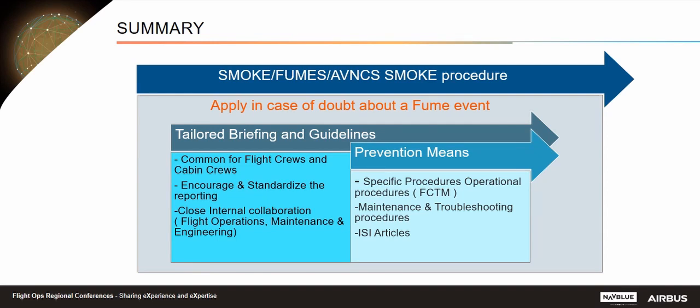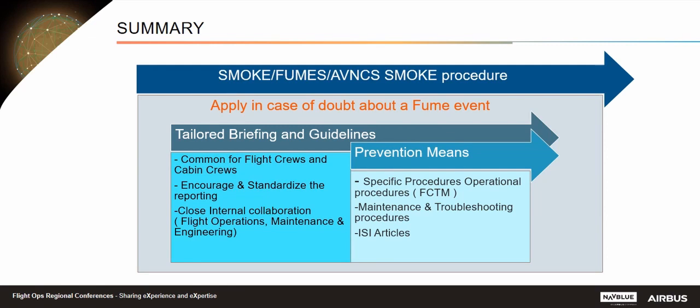Then it is important to get a tailored, customized briefing and guideline within the airline, with a common way to manage the odors, a common way to name them, a common way to report the information, and more widely, a close internal collaboration between the flight crew, the maintenance, and the engineering.